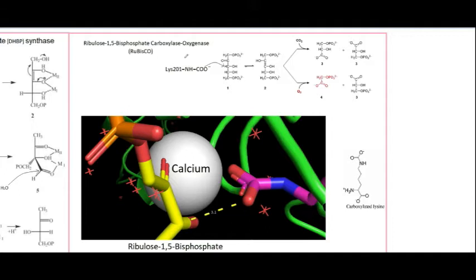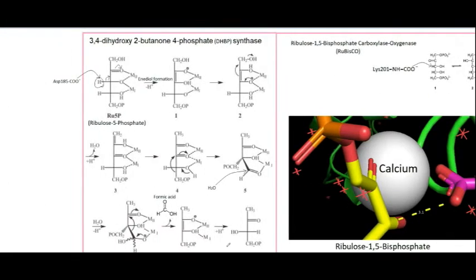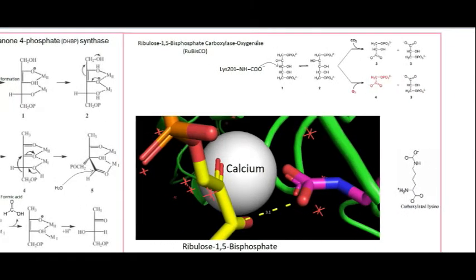And I have this over here because this is a similar mechanism, this enediol formation, to rubisco, this ribulose 1,5-bisphosphate carboxylase oxygenase. So this is a similar species to what's starting out over here. This is ribulose 5-phosphate. This is ribulose 1,5-bisphosphate. And so the only difference is that this oxygen here is phosphorylated.